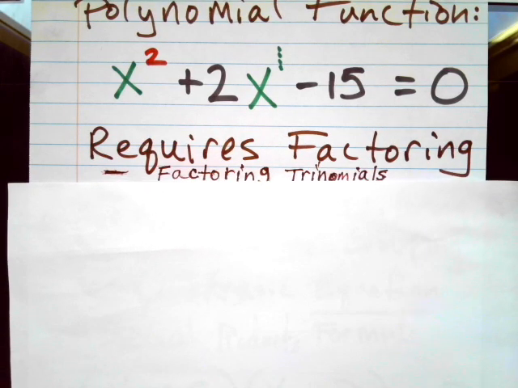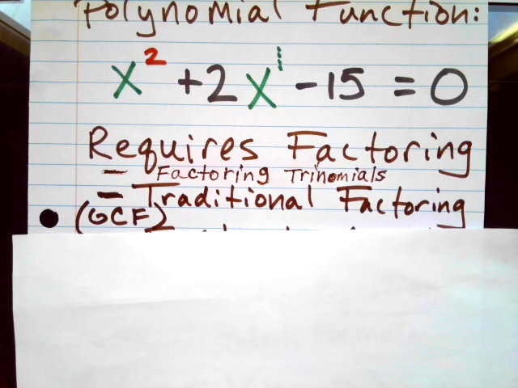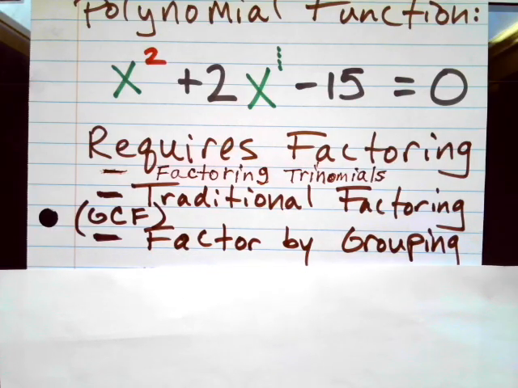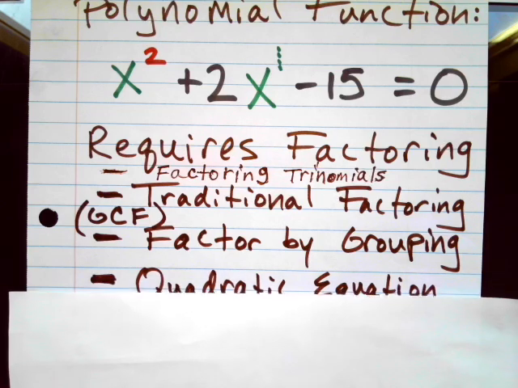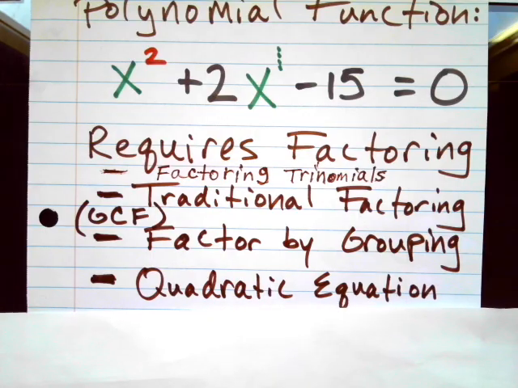So these require factoring, right? Factoring trinomials. Traditional factoring of the greatest common factor. I'm going to go over each of these in detail in the coming videos. Factor by grouping. That's a different way of factoring. Using the quadratic equation to factor. Sometimes you get to a point where you just can't factor the numbers of your function, and you can use the quadratic equation to find your factoring of these equations.